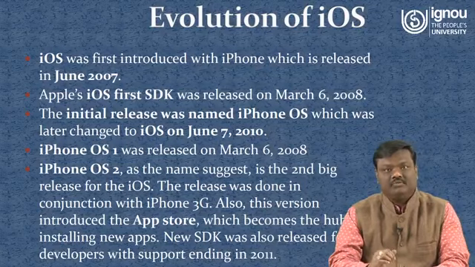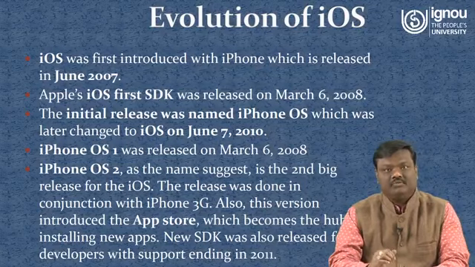It came into existence in June 2009. You can see right from 2007 onwards, 7, 8, 9, every year they were releasing a new version of Apple iOS. The next version was named iOS 4 and was released in June 2010. From that time onwards, you can see earlier it was called Apple iOS operating system.